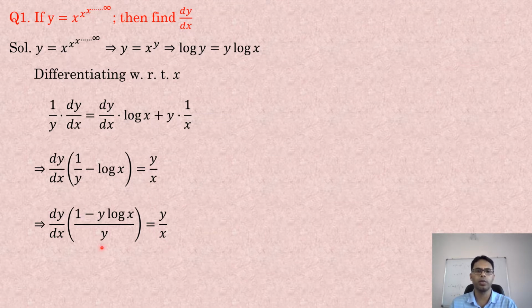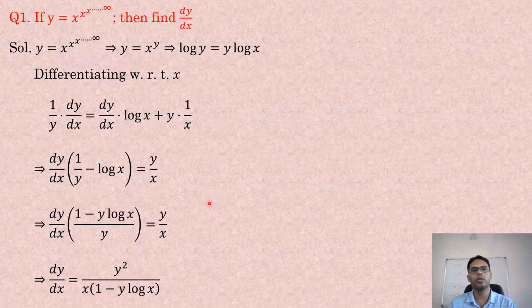Just take the cross product: this y will go here, that means it is y square, and this numerator will come here, x into (1 minus y log x). So dy/dx is equal to y square over x into (1 minus y log x), and that is the solution for the problem.